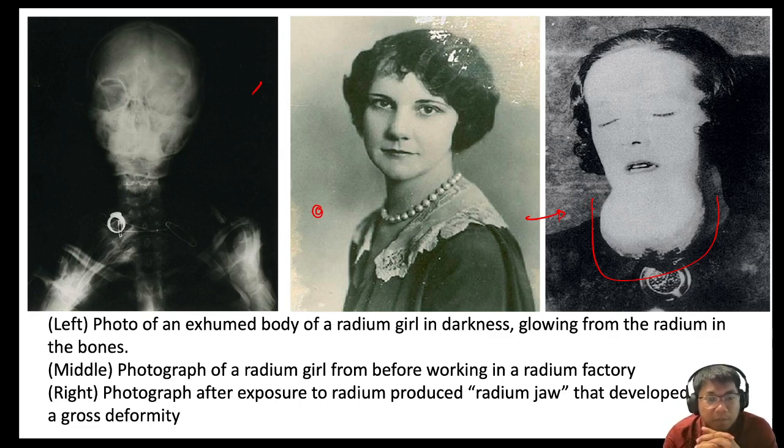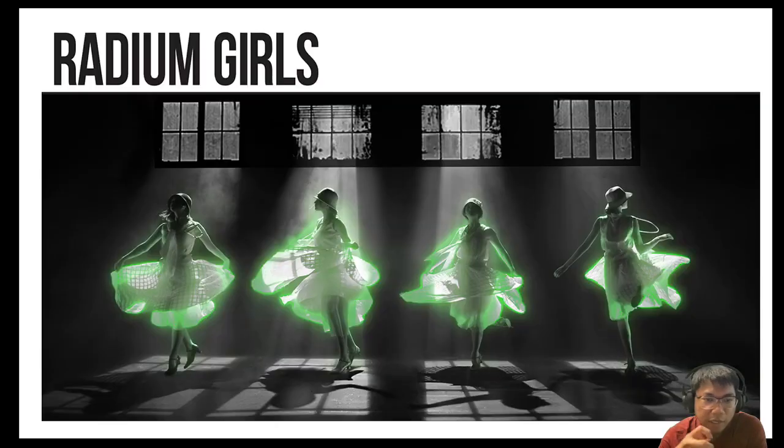It is a very unfortunate case, and it's quite famous in the case of radioactive minerals. There are books about the Radium Girls, and I think there's also a movie made based on their true story. If you want to read the book or watch the movie, you can just Google it.